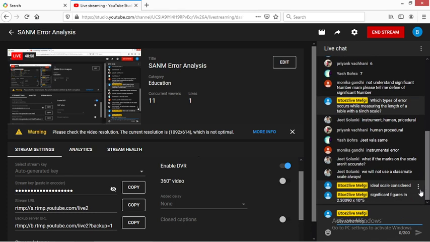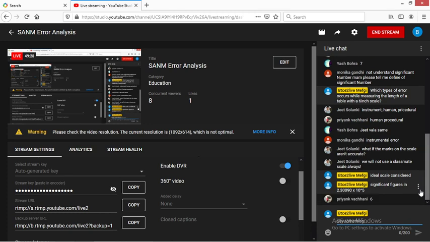Please tell me the significant figures in this problem. Okay, Priyank Achani says 6. Can we have some more responses?